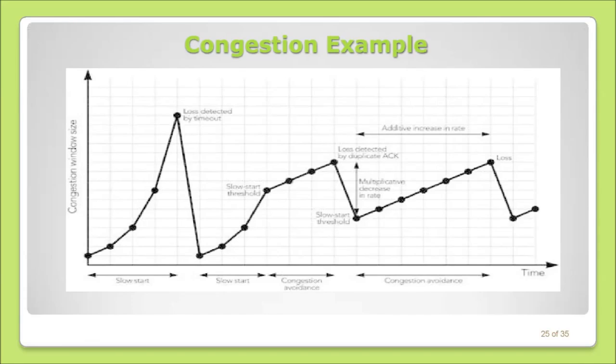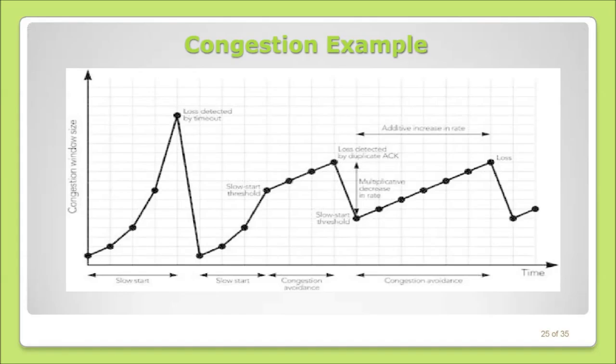Congestion example. Dear students, this is our last slide of today's topic. Over here a graphical representation is shown. Congestion window size and time are shown on the y and x-axis. You can see the time, which is slow start, then congestion avoidance, and then congestion avoidance.